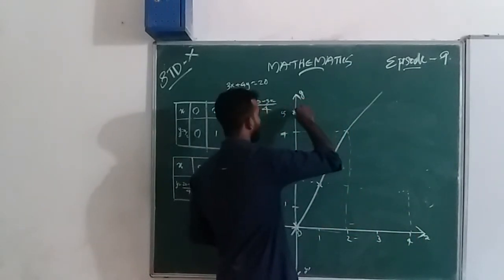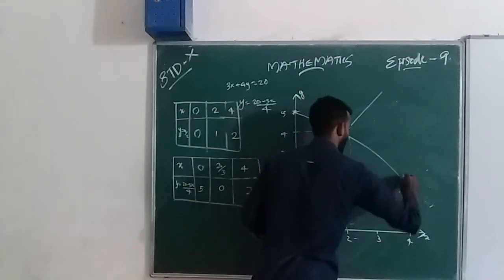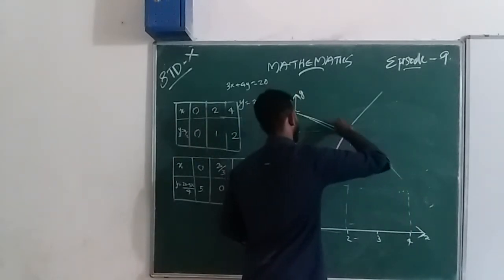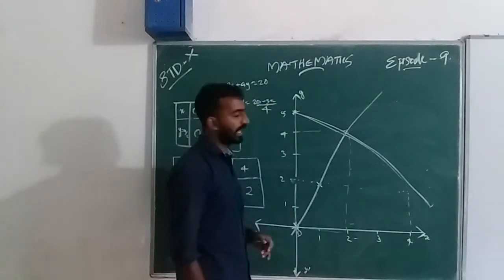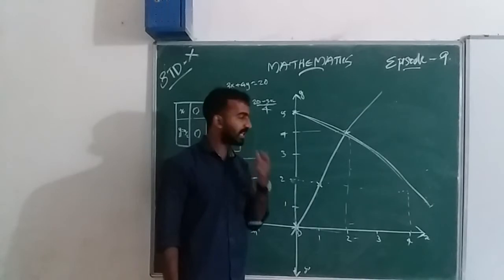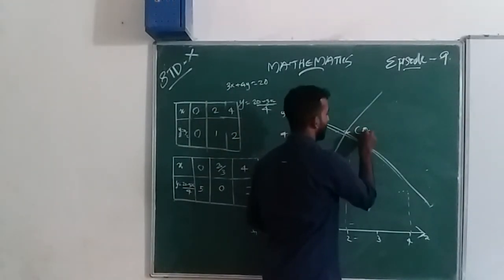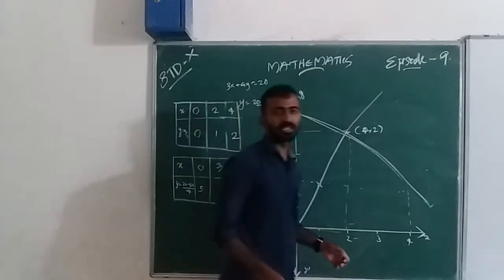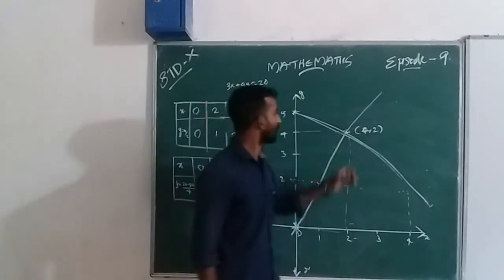Then we can draw the line like this. The intersection point we get is 4, 2.